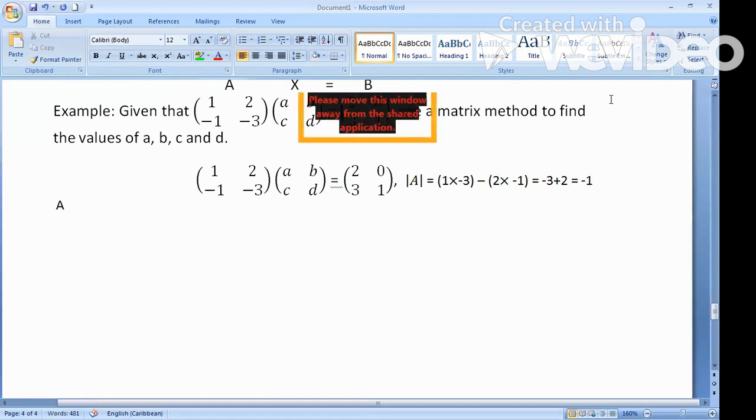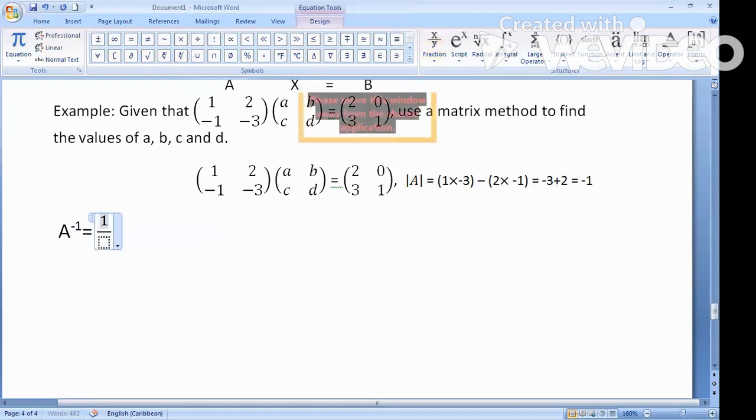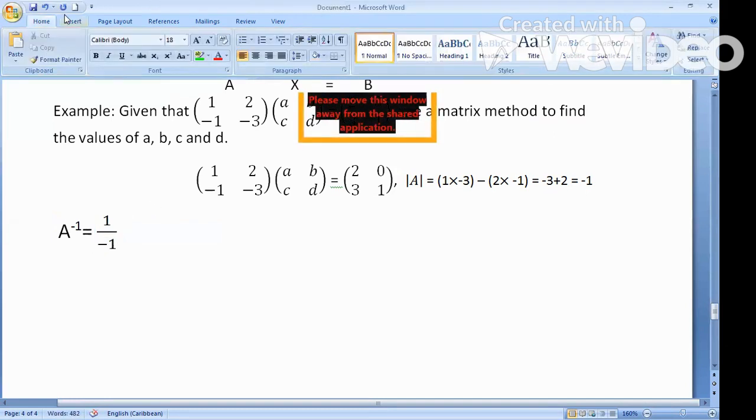A inverse is equal to 1 divided by the determinant. All right, so it's 1 divided by -1 multiplied by its what?